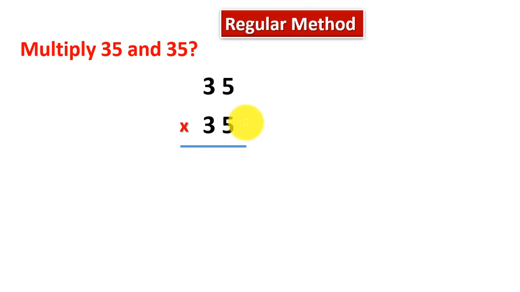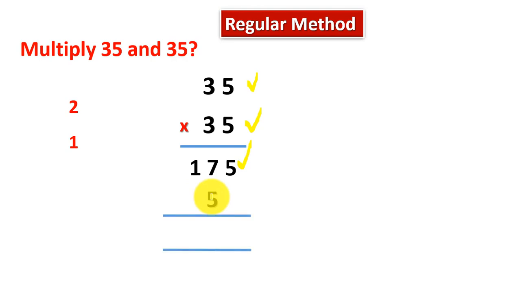So generally, 35 into 35: 5 5s are 25, 2 carry, that is 5 here, and 5 3s are 15 plus 2 is 17, and 3 15s, 1 and 5 here, and 3 3s are 9, 9 plus 1 is 10. After adding we got 1225, that is the answer by the regular method. Once check that. That is given for verification purposes.